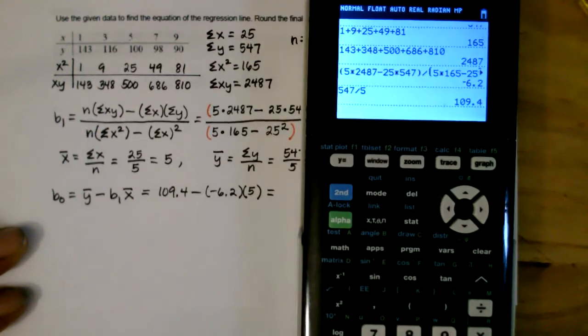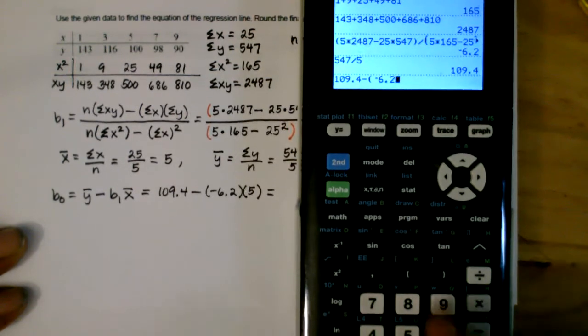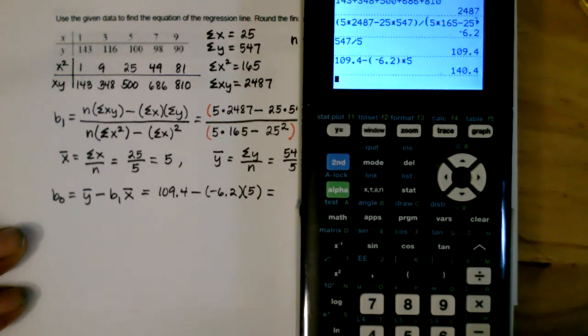So here we go, 109.4 minus, and I'm going to put negative 6.2 in parentheses. The negative key is at the very bottom of the calculator, so you press that key, and then 6.2, close parentheses, times 5, and then hit enter. And you'll get 140.4.